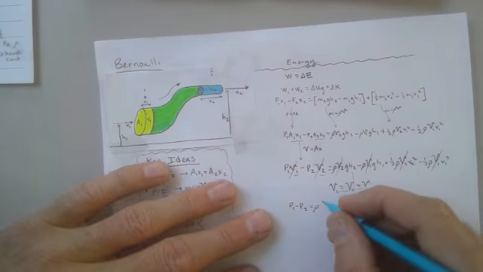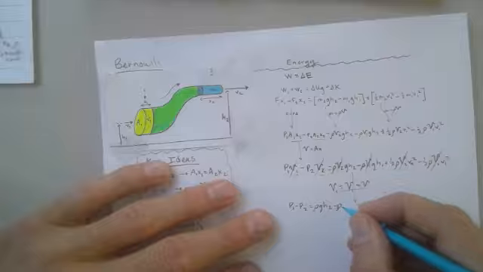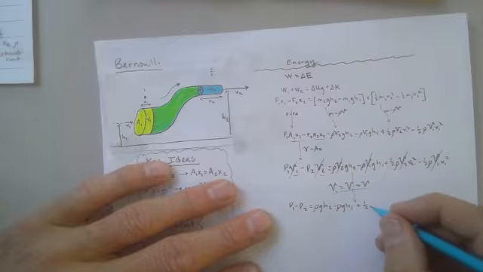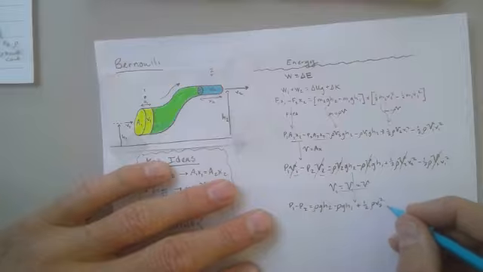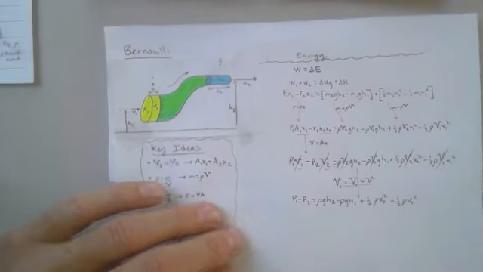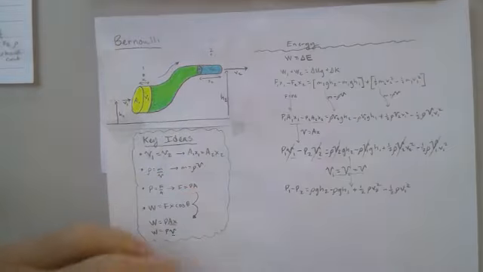P1 minus P2 equals rho g h2 minus rho g h1 plus 1/2 rho v2 squared minus 1/2 rho v1 squared. Okay, we are so close.